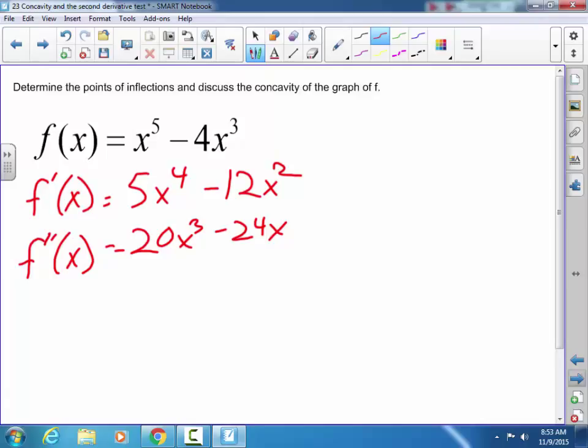Did I do that right? Once you've done that, what do you need to do? You're already doing it, so keep on going. You're going to set the second derivative equal to 0.